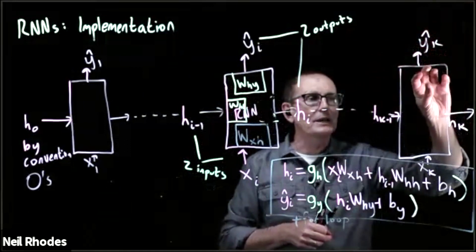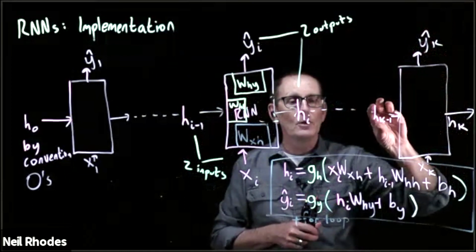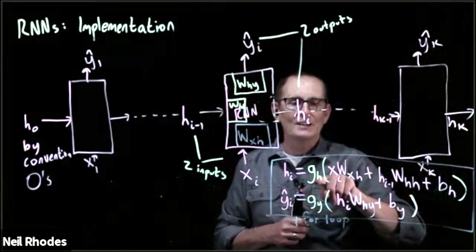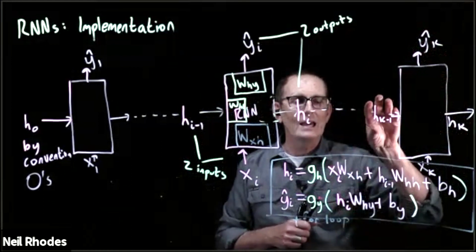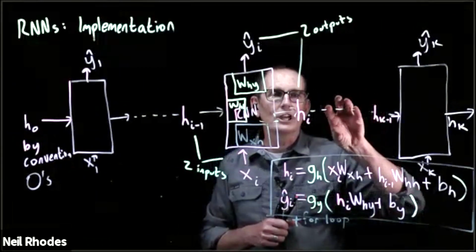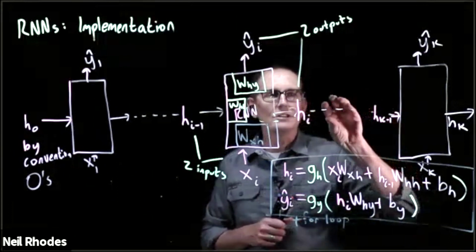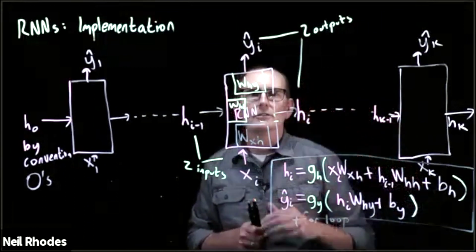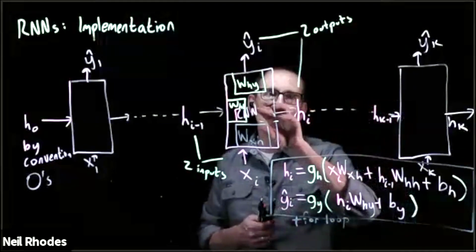As we're backpropagating, we're going to be multiplying by the derivative of this function, and we're going to be multiplying by basically WHH. So if WHH has very small values, we multiply over and over and over again, and it'll approach 0. So we'll get a vanishing gradient, at least for that path.